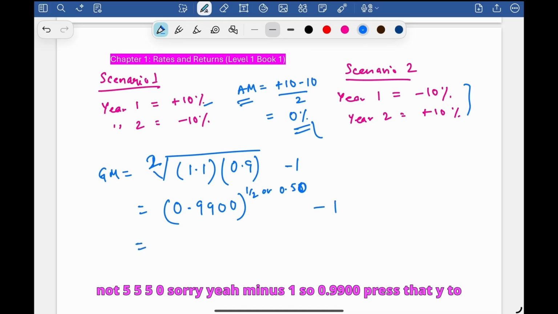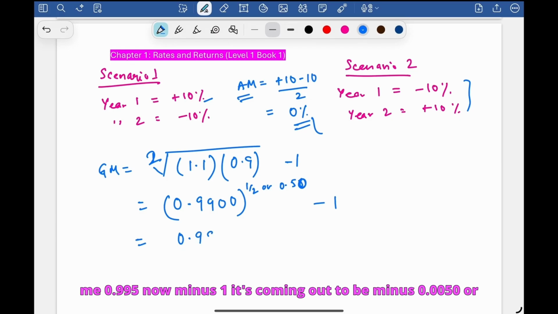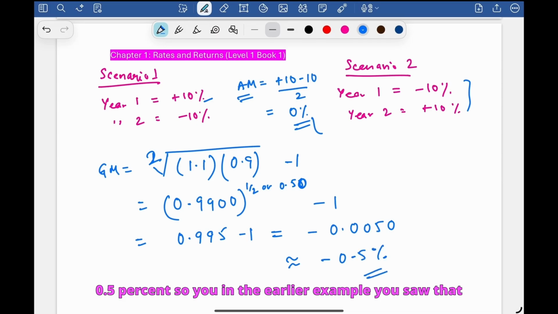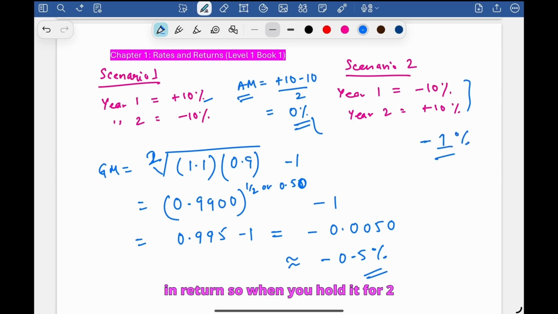So 0.99, press that y to the power x, now press 0.5. It is giving me 0.995, now minus 1. It's coming out to be minus 0.0050, or I can say in terms of percentage, minus 0.5%.